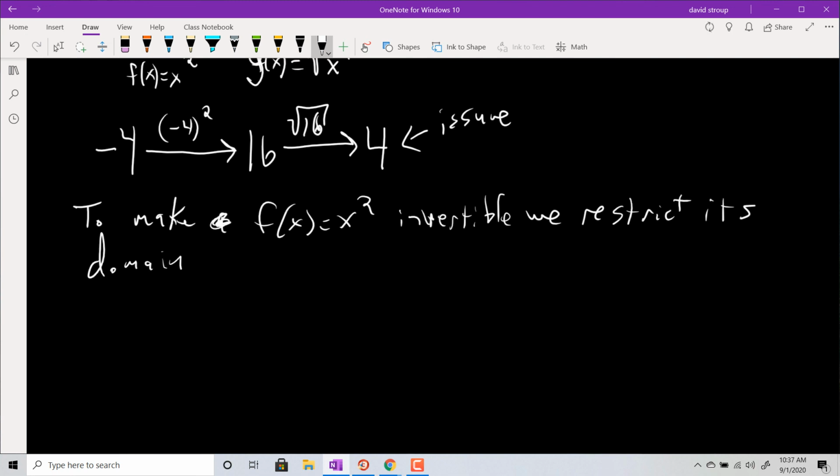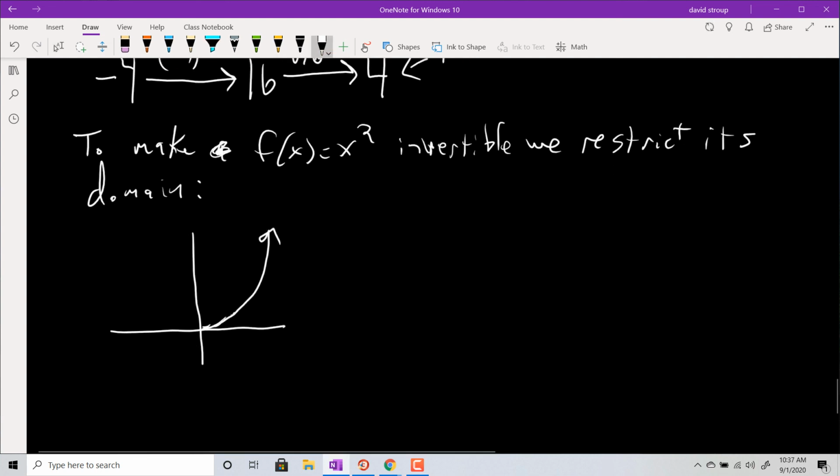And there's two ways to do that. We can just consider this half. So this is f of x equals x squared, and we restrict the domain to just be the x values greater than or equal to 0.